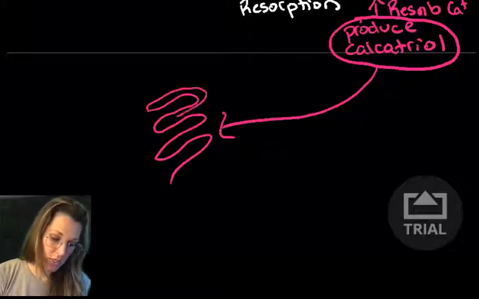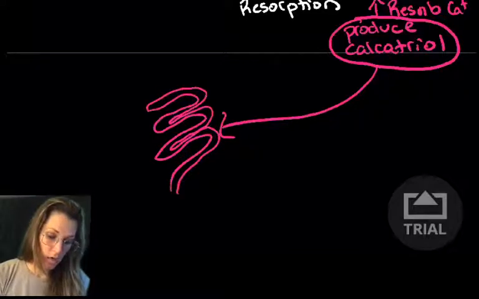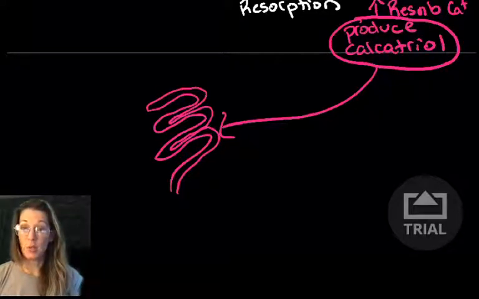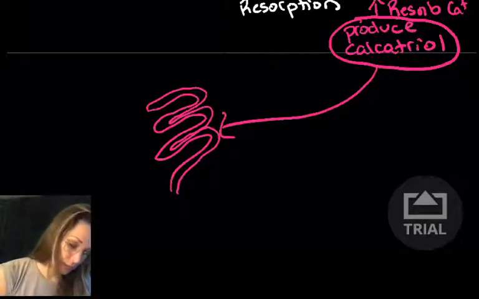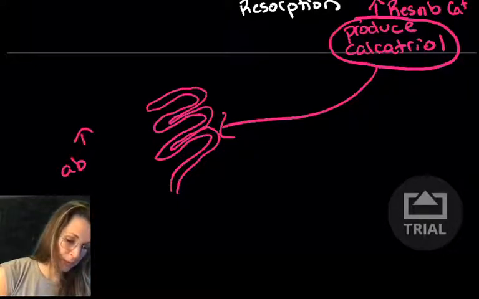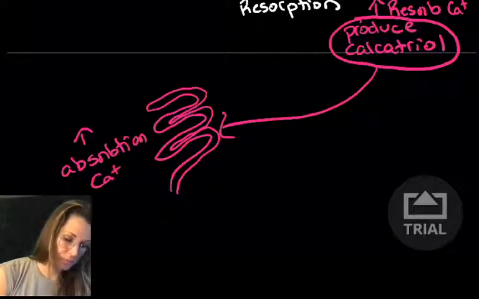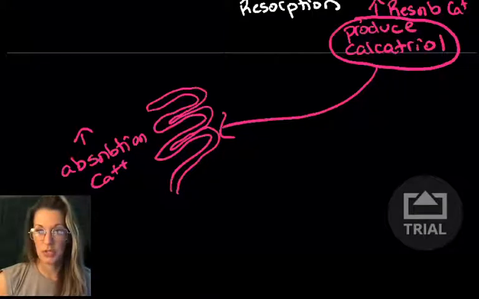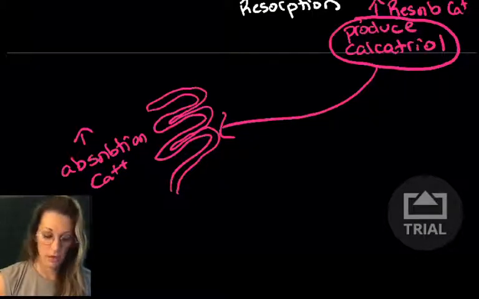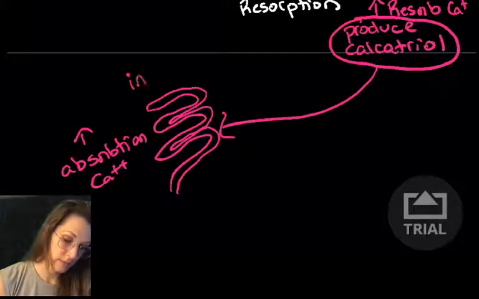Twisty turny action happening over here in your small intestine, where primary nutrient absorption happens. And so this is where absorption is the right word, of calcium.